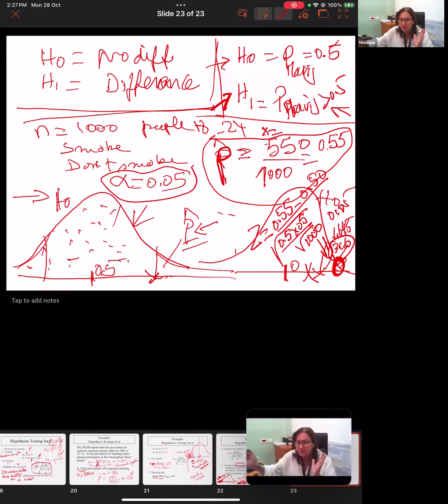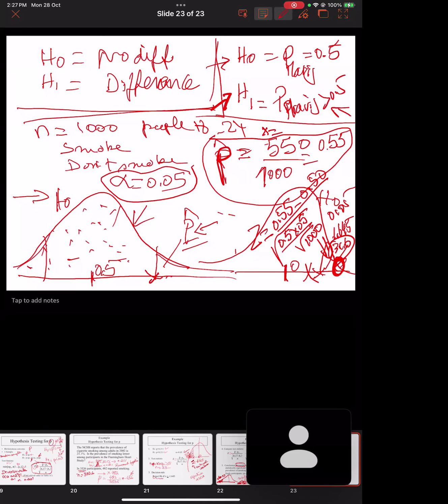The more it is towards the tail, the more likely the difference that you see is a true difference. I hope I'm not complicating issues, but the more you practice, the easier you will find it. It's starting to make sense.